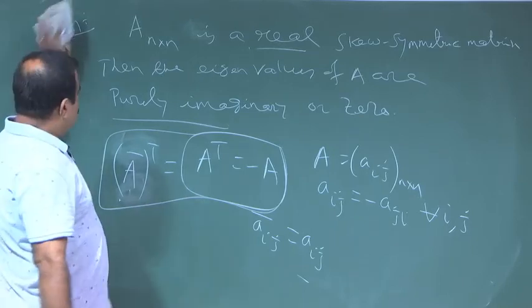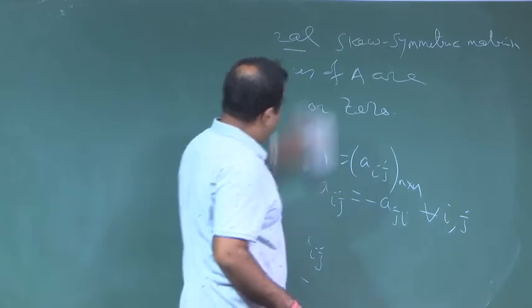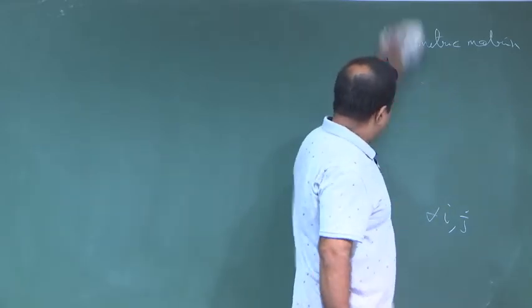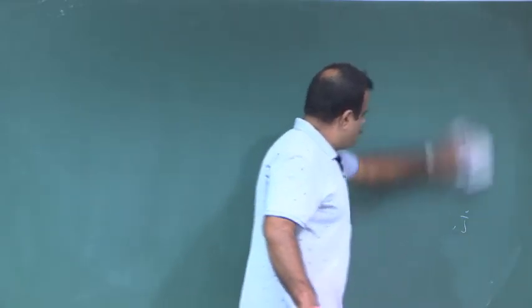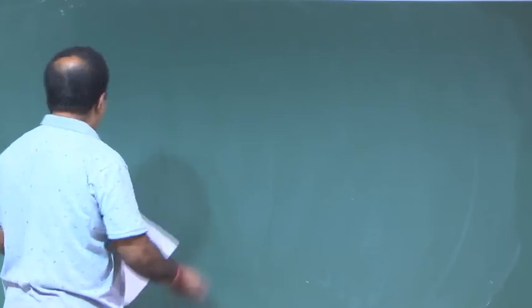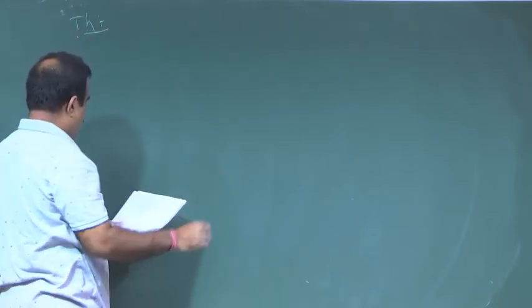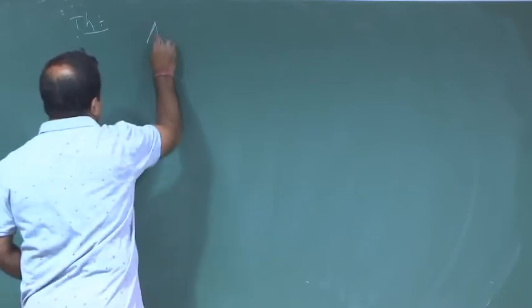Now, we will talk about orthogonal matrices. This proof we are not doing, it will be in the lecture note. So, now we talk about eigenvalues corresponding to an orthogonal matrix. Suppose A is an orthogonal matrix.